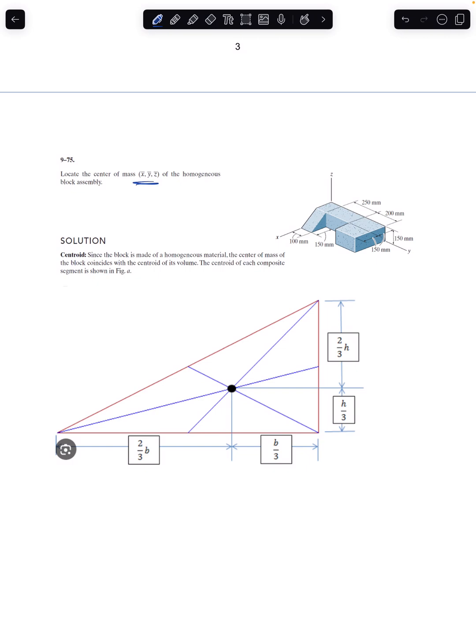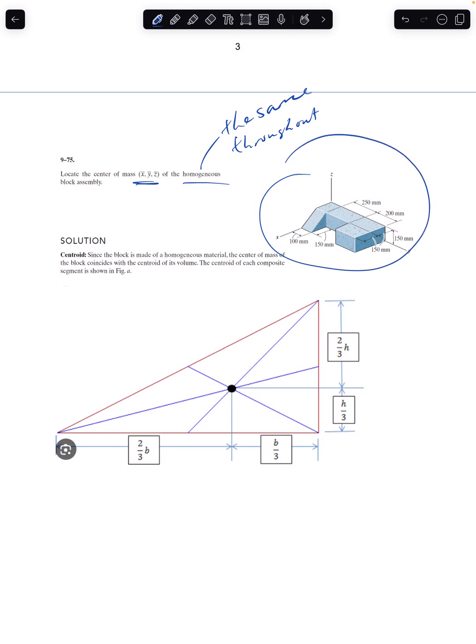of a homogeneous material. So the first thing you must know, what is a homogeneous material? It's a material that has the same material composite. So the material is the same throughout the design.